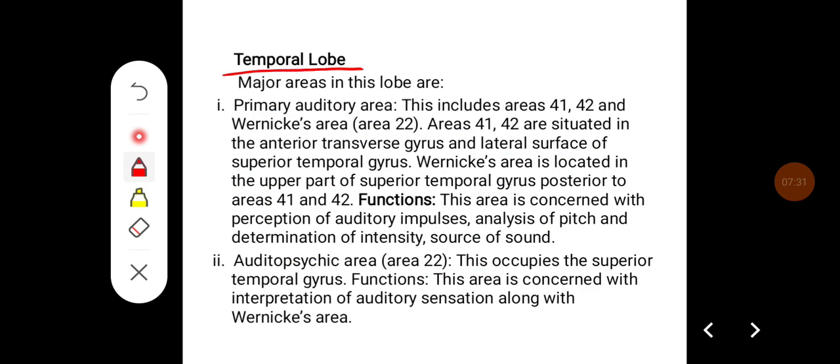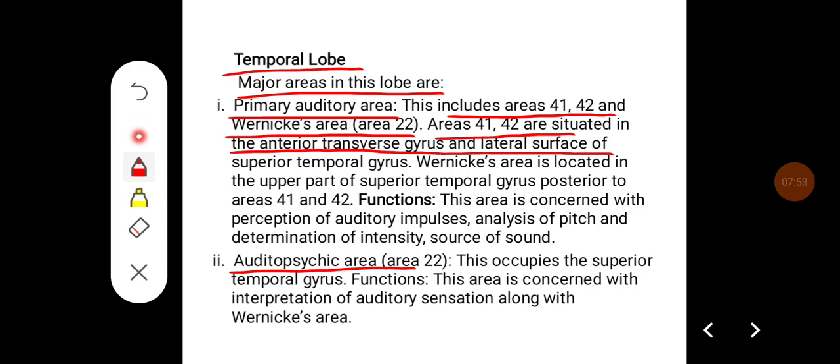Coming to the temporal lobe, the major areas of this lobe are the primary auditory area and the audiopsychic area. Primary auditory area includes areas 41, 42 and Wernicke's area, that is area number 22. Areas 41 and 42 are situated in the anterior transverse gyrus and lateral surface of the superior temporal gyrus.